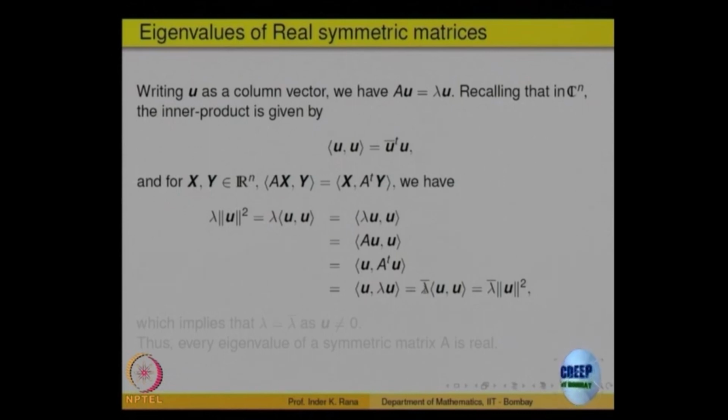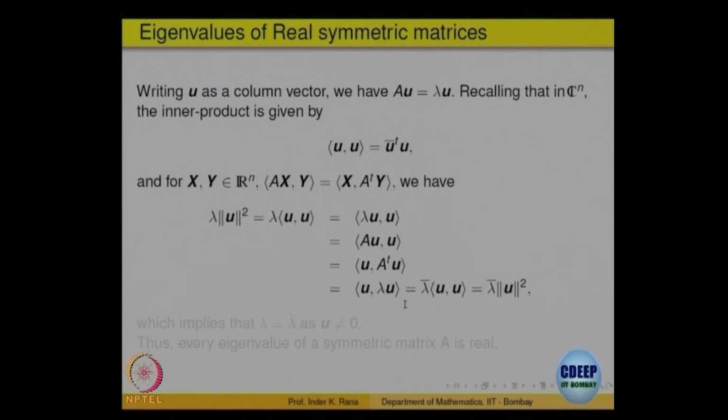So, this comes out as lambda bar u. So, you get lambda times magnitude of u square is lambda bar multiplied by magnitude of u square, but u is an eigenvector, so it cannot be 0. So, this magnitude cannot be 0. So, you can cancel both sides. So, lambda is equal to lambda bar, right.